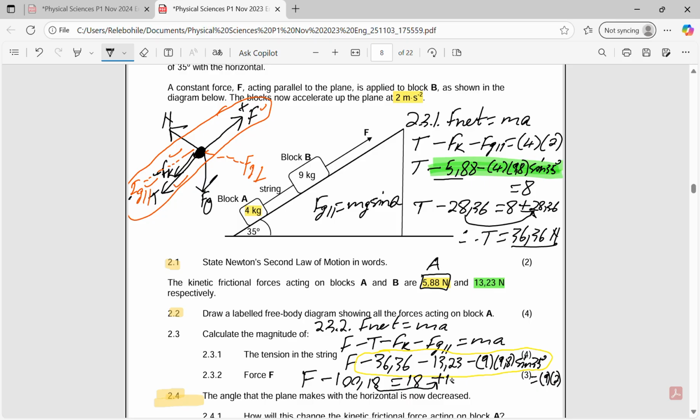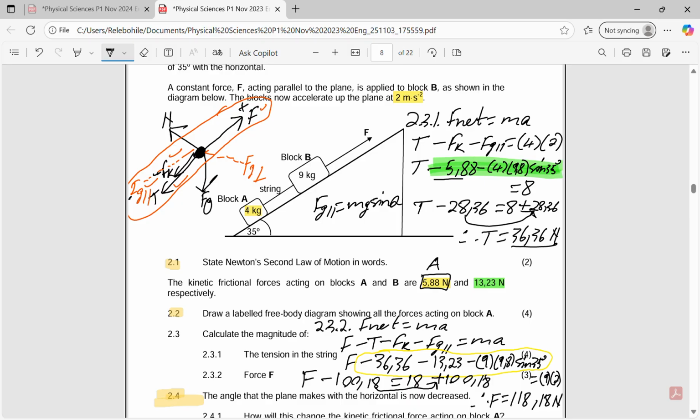When I bring it to this side, that's going to be 18 plus 100 comma 18. Therefore my F will be equal to what? It will be equal to 118 comma 18 newtons.